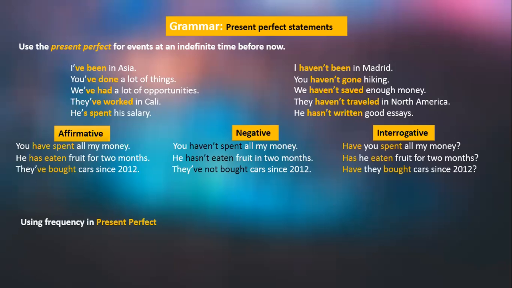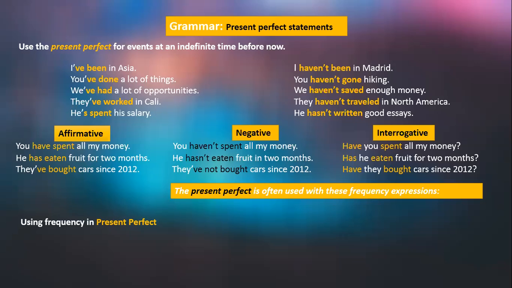You can also use frequency adverbs in the present perfect tense. For example, I've always wanted to study Italian. We've gone sailing twice. Always is an indefinite frequency adverb, and twice is a definite frequency adverb.